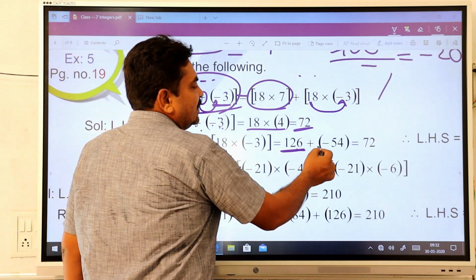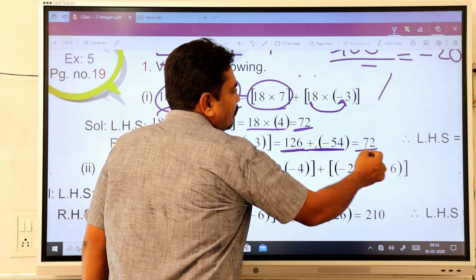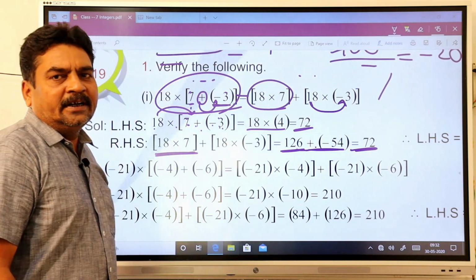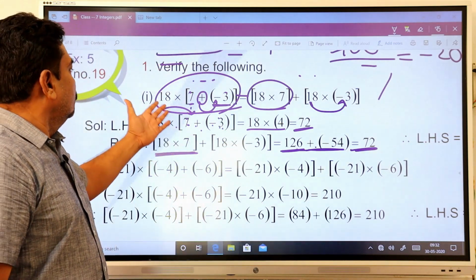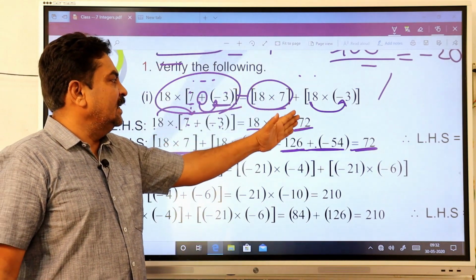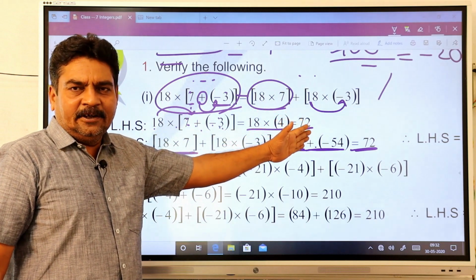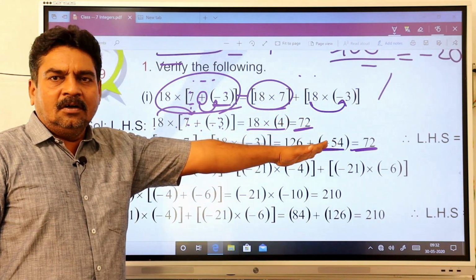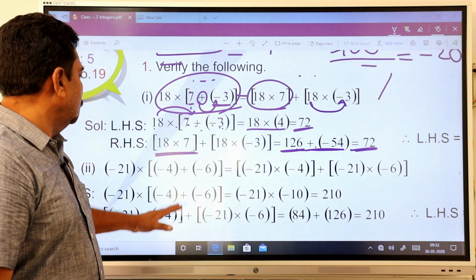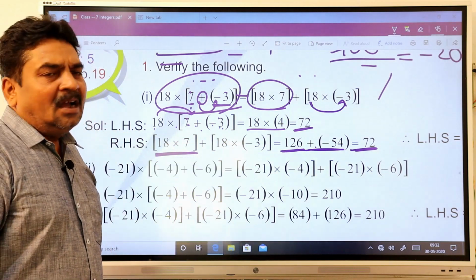So 126 minus 54 is how much? 72. LHS is equal to RHS. LHS you got as 72, RHS you also got as 72. So that's why LHS equals RHS.